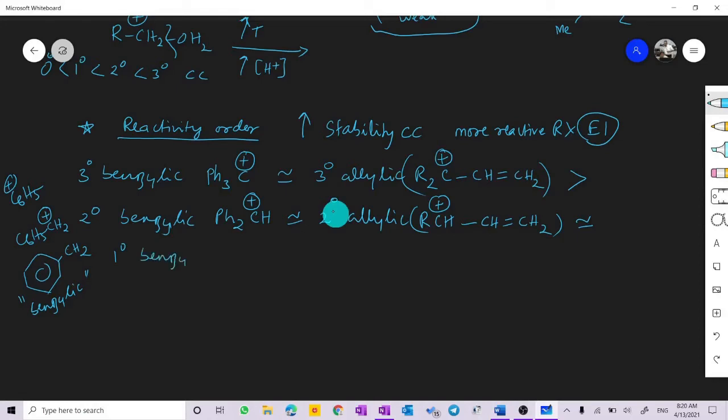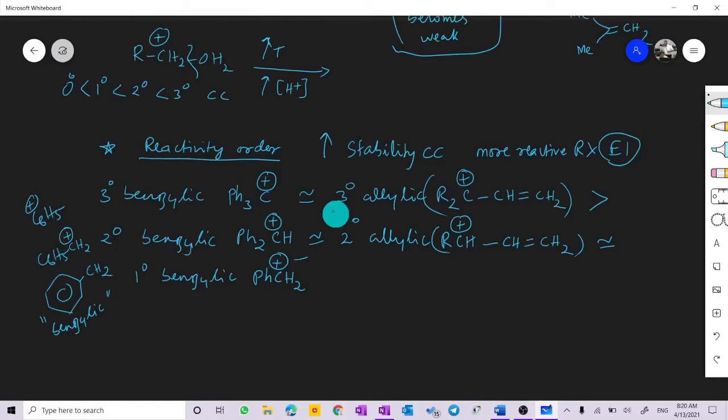So you have the primary benzylic carbocation that is formed, that is PhCH2 plus, and it will be comparable to primary allylic. The primary allylic will have no R, so it is CH2 plus and CH double bond CH2, an allylic group.